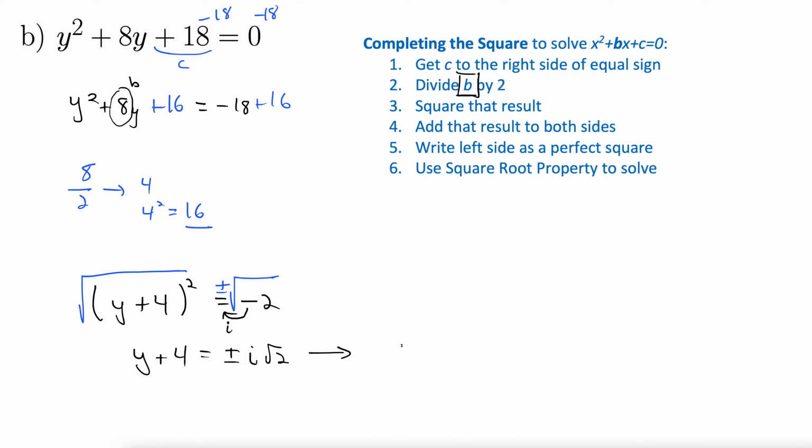One last step to solve, y equals negative 4 plus or minus i rad 2. Again, this is actually two answers, negative 4 plus i rad 2 and negative 4 minus i rad 2. The plus or minus is just a convenient way to save some space when writing our solutions.